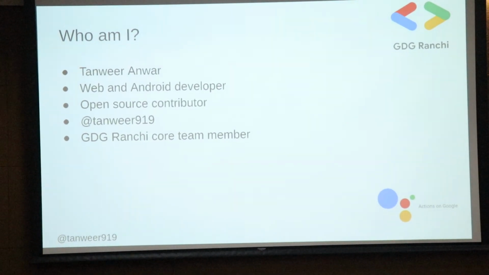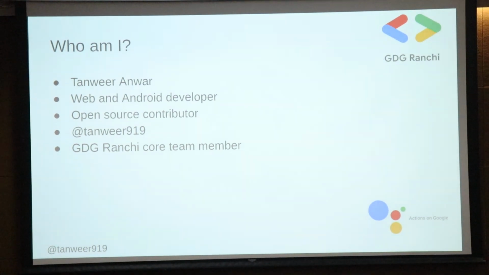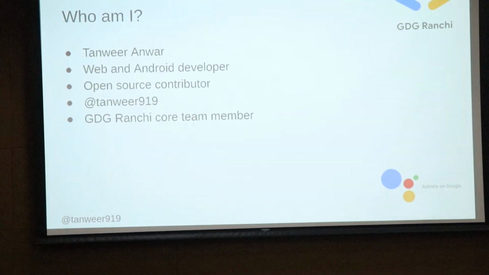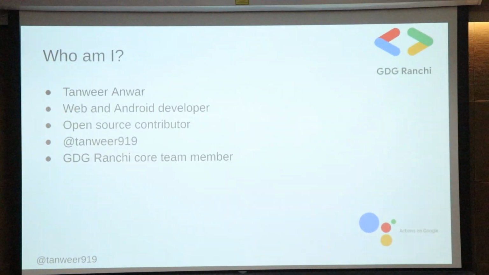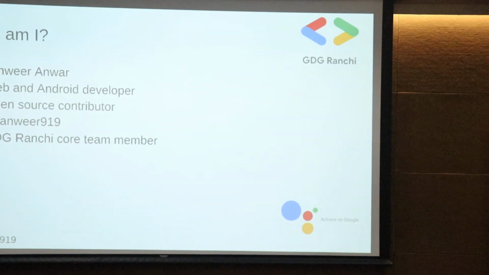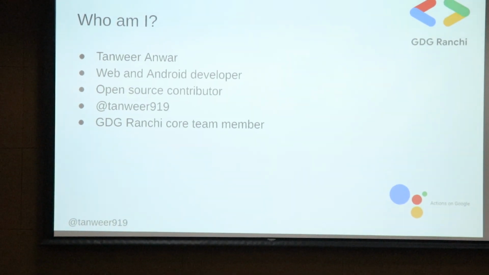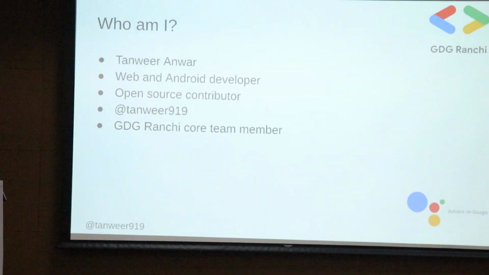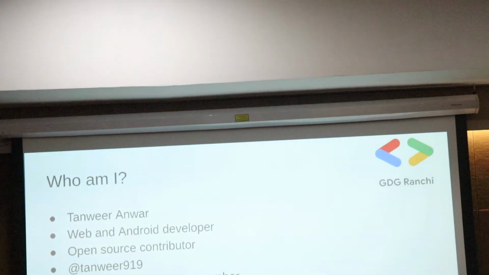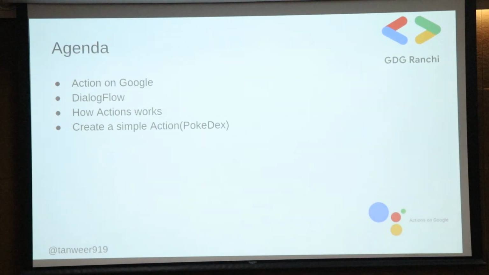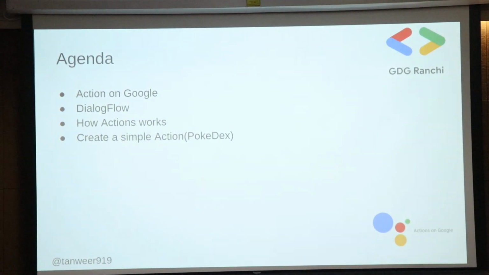Today I'm going to show you a walkthrough of how you can build yourself an action for Google Assistant, and how you can deploy it to the Google Store. So here is the agenda.